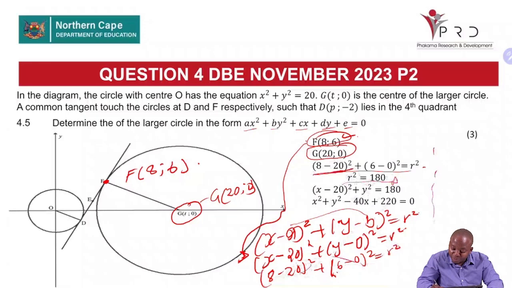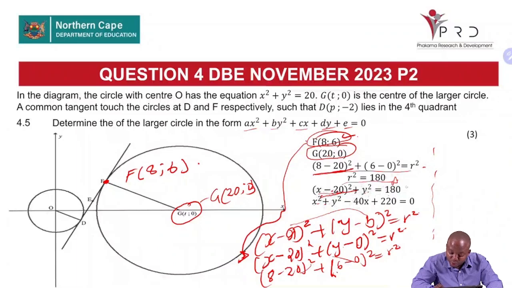Now we go back and put it into the original formula, which says x minus 20, which is the center, squared, plus y squared, because the y value of the center is 0. Thereafter, we just expand the first bracket. Then we find x squared minus 40x plus 400. Then we distribute that and add like terms.